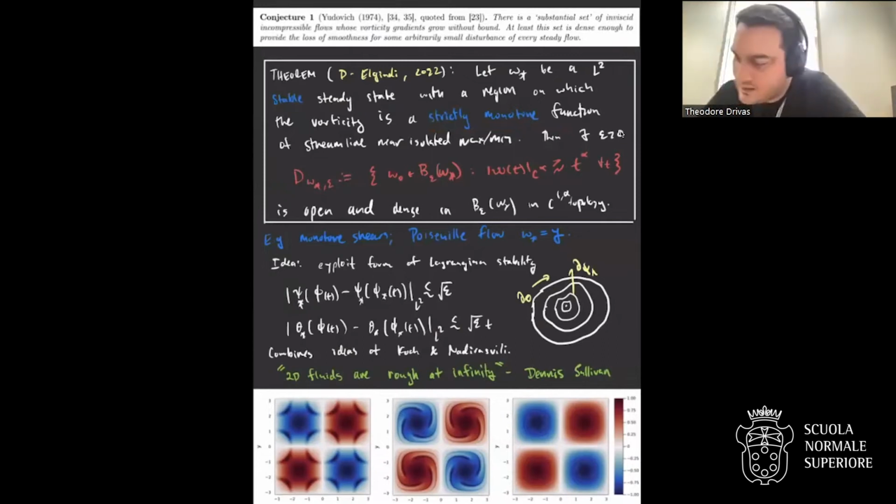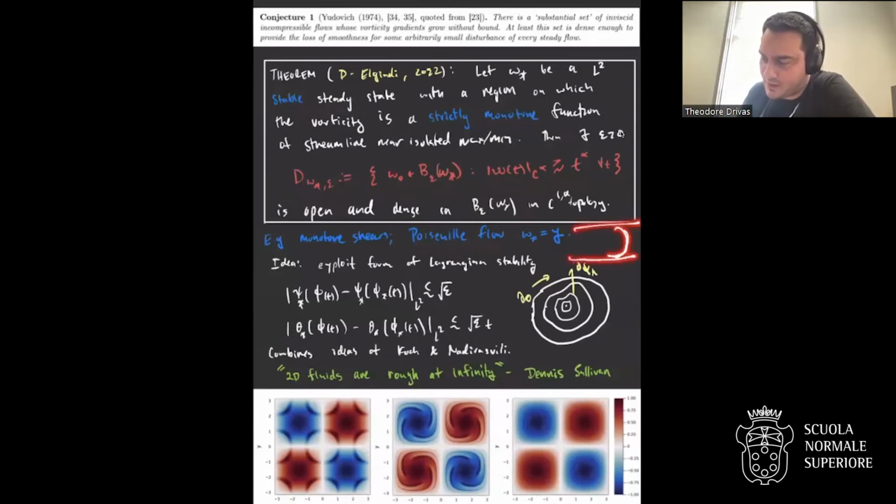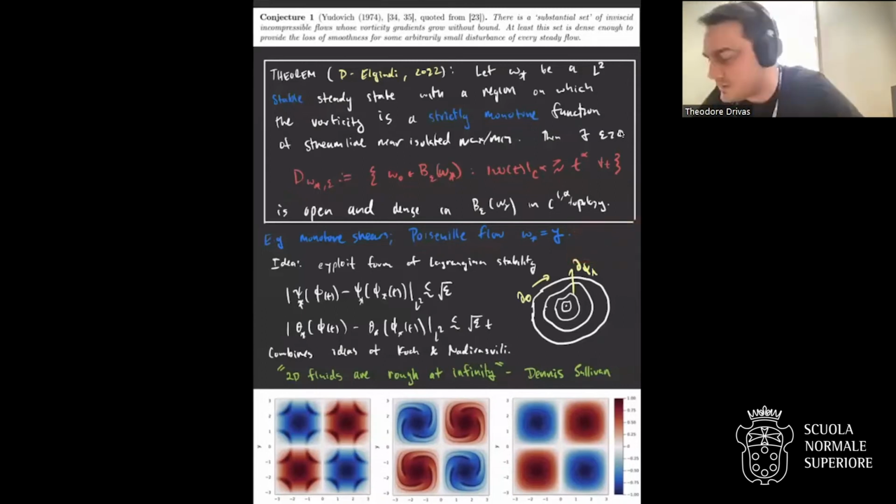And in that case, you can actually show that the set of initial data nearby such a steady state with the property that you grow in C alpha, like T to the alpha, is open and dense in a ball around its steady state. So it's really a generic phenomenon in a neighborhood of these stable steady states. And an example of such a flow is Poiseuille flow, so just like a parabolic velocity profile in a periodic channel that satisfies this condition.